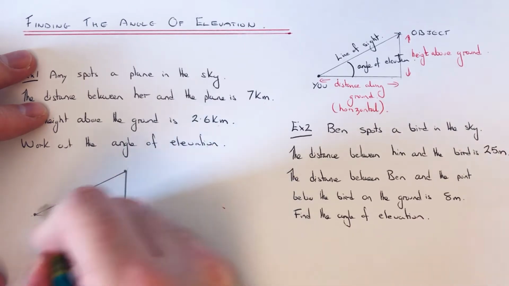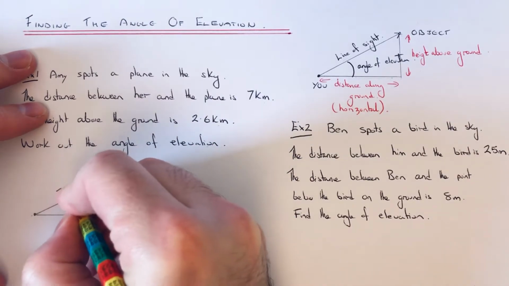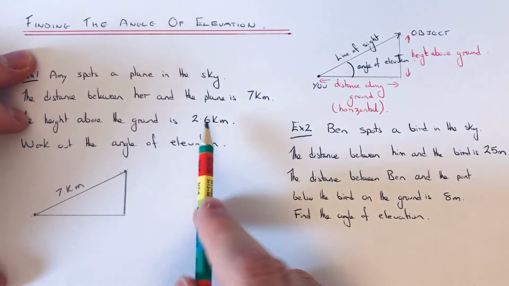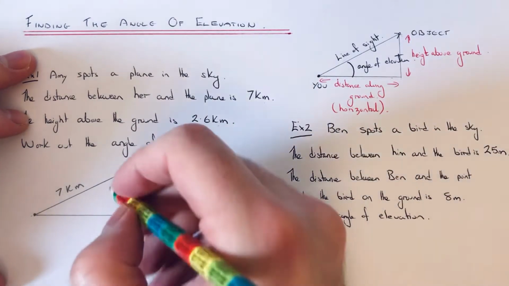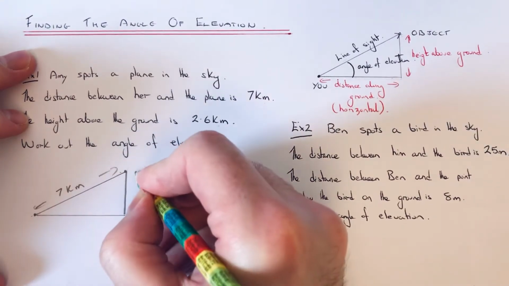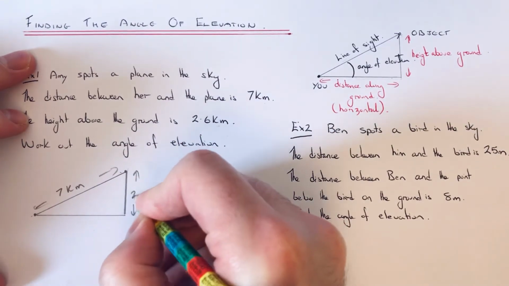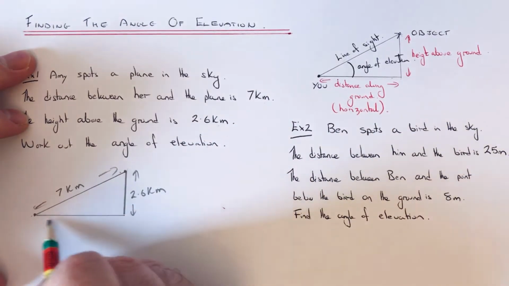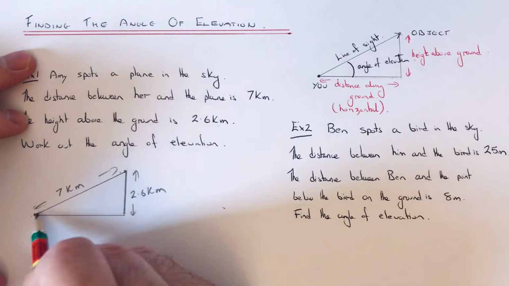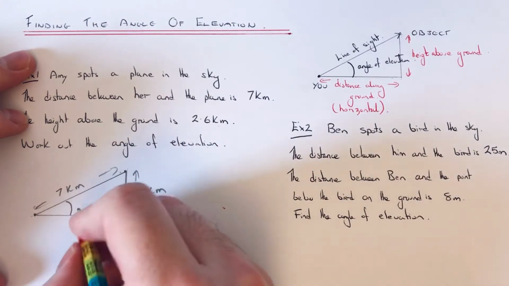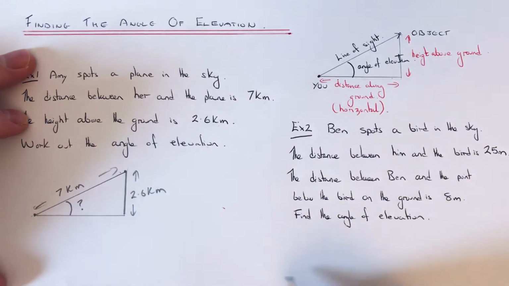So that's this length here. And the height above the ground of the plane is 2.6 kilometres. So that's this distance here. And the angle of elevation is the angle between the horizontal, the ground, and the line of sight. So that's the angle we are after.